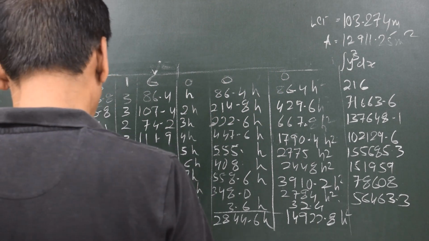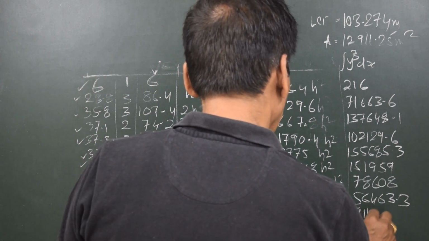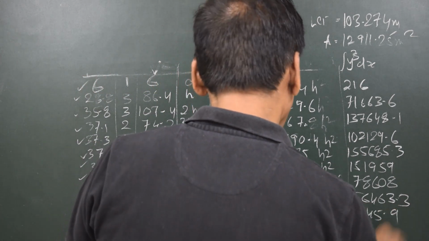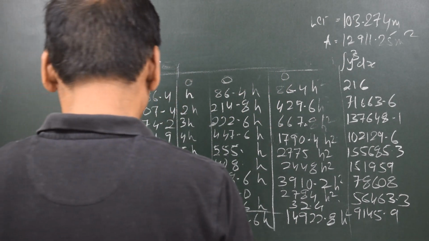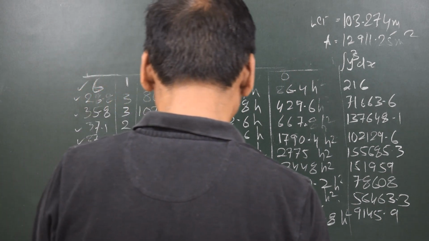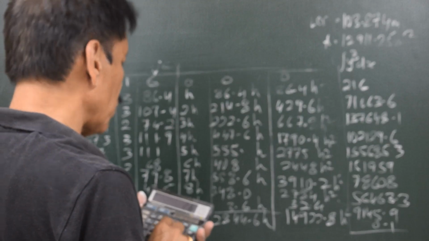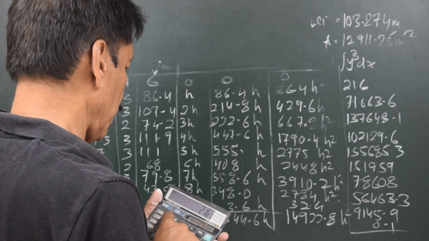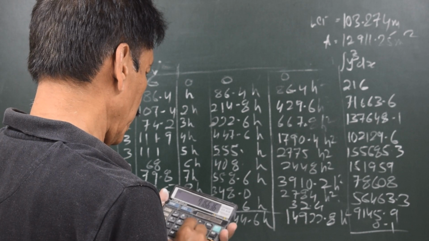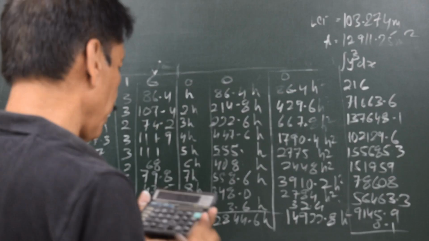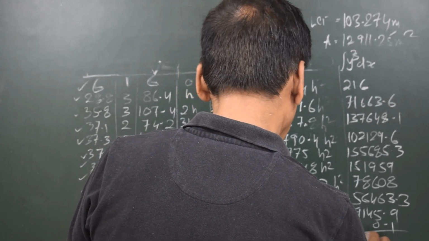Then we have 9145.9. Then 0.06, that is 0.1, I can round it up. Now 216 plus 71663.6 plus 1, and so on, gives me the sum 763518.9.